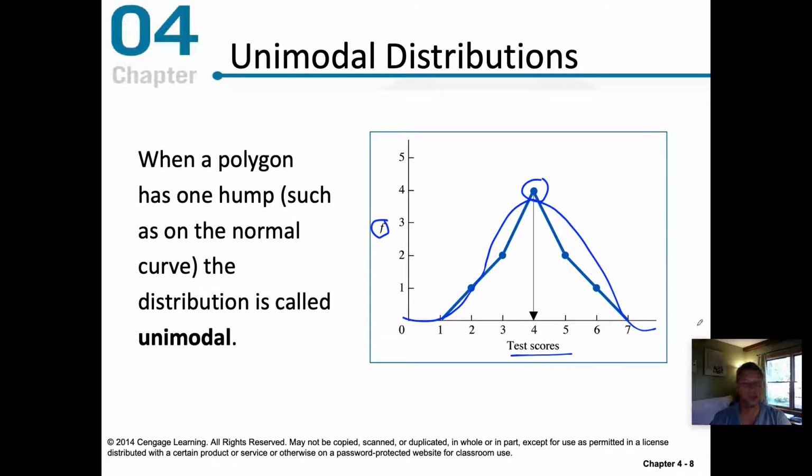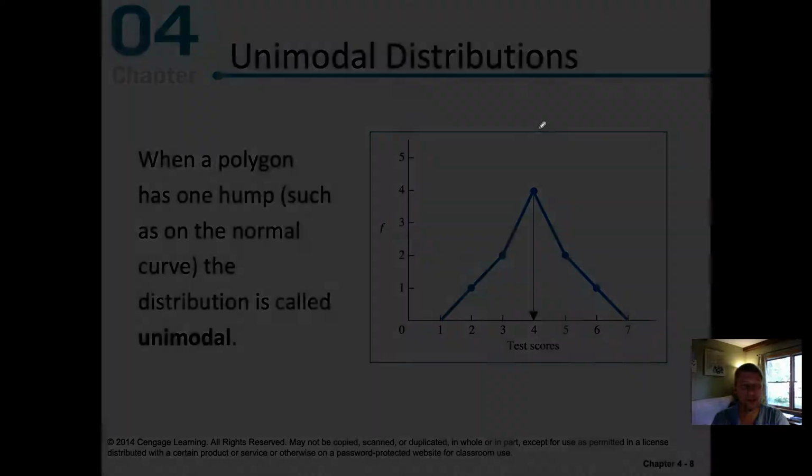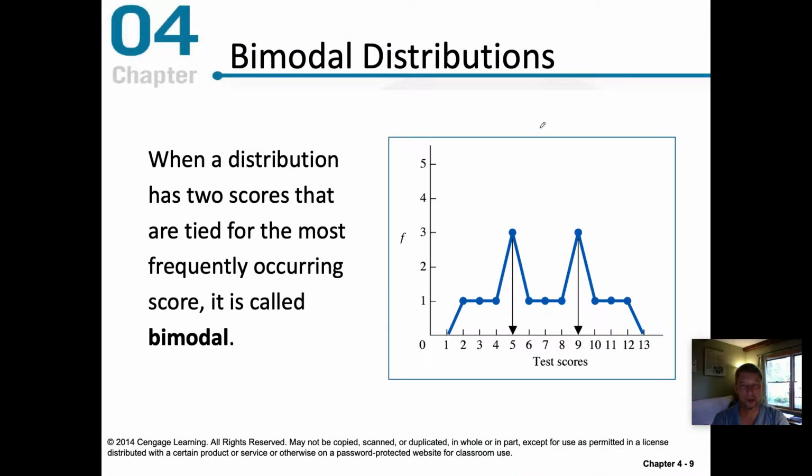In this particular example, the score of 4 appears 4 times, and therefore that is the mode. It has the largest frequency, the highest frequency.